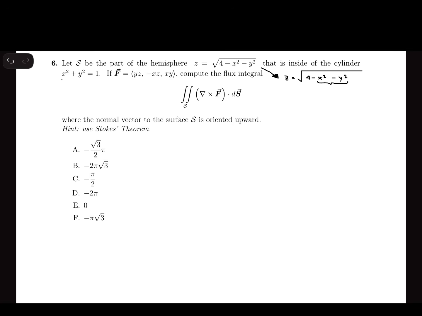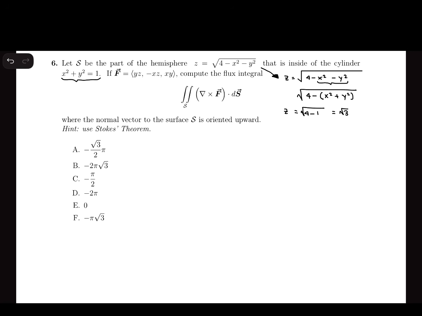We know that x squared plus y squared is equal to 1. So if we just do 4 minus, put parentheses here, x squared plus y squared, all square root, then we say that z is equal to the square root of 4 minus 1, which is the square root of 3. So now we know what z is.